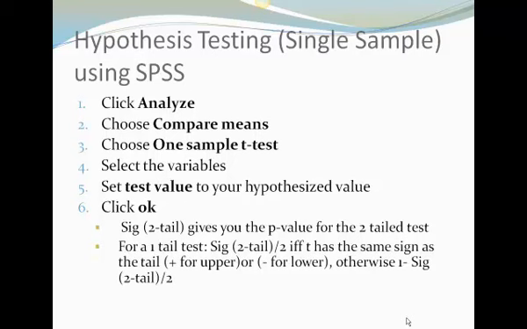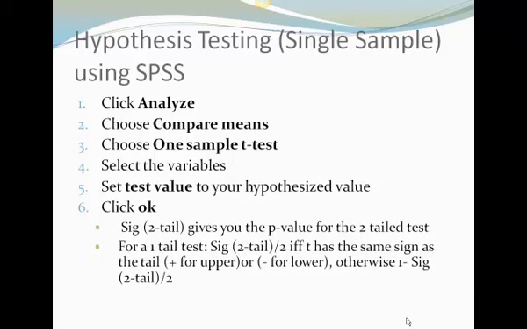If you want to do a lower tail test and your t is negative, then just take the p-value and divide by 2. But if you wanted to do an upper tail test and t was negative, or a lower tail test and t was positive, then you would have to do 1 minus the p-value divided by 2. So that's just something you're going to have to practice with.